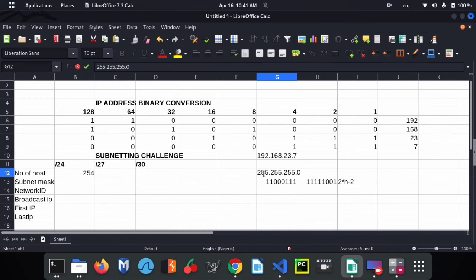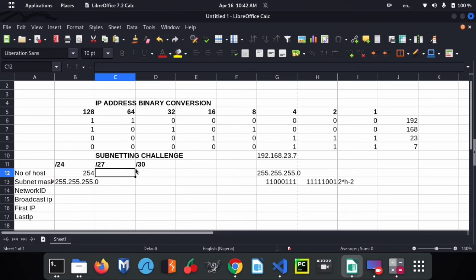So what we do right now is simply just copy this. So it's going to be 255.255.255.0. Now let's try the /27 to see another example.